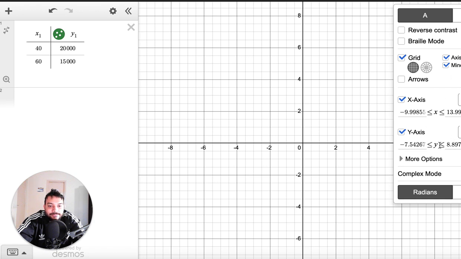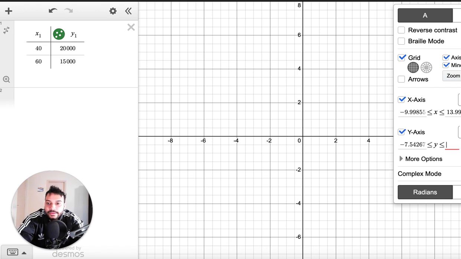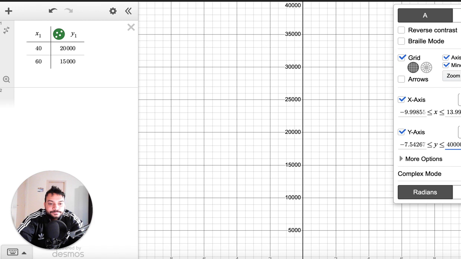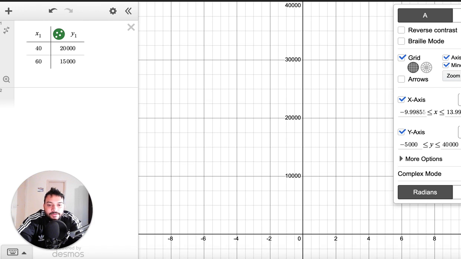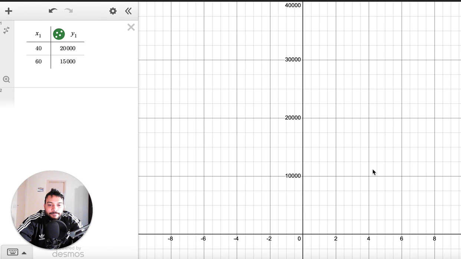On the Y-axis, I'm going to set the range up to 40,000, beginning from, let's say, minus 5,000. Since the demand cannot be negative, we don't need to worry about the range on the negative Y. And let's take a step of 1,000. So the points are visible.